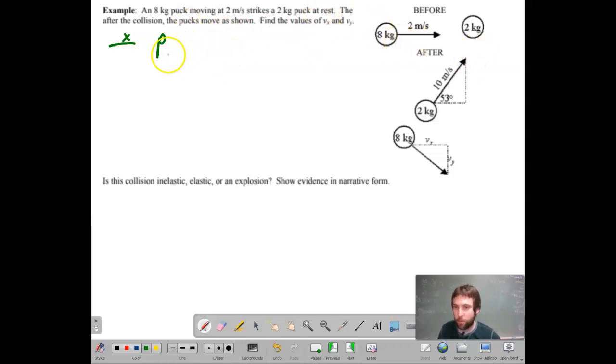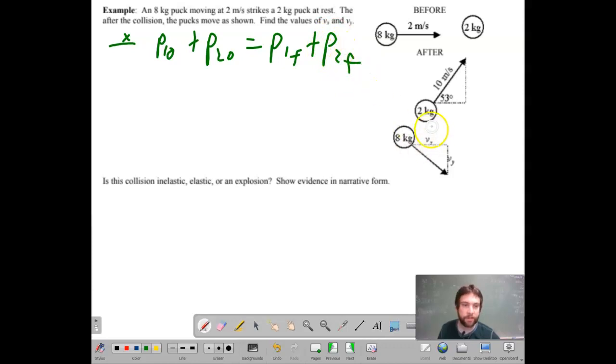In this instance, we have two objects, so momentum 1 initially plus momentum 2 initially equals momentum 1 at the end plus momentum 2 at the end, because there's two objects after. So we can tell that this is object 1 and this is object 2.